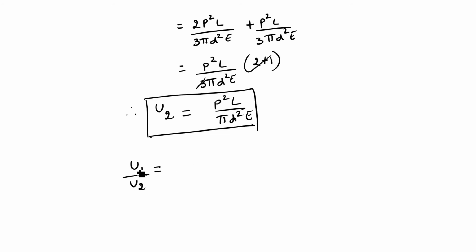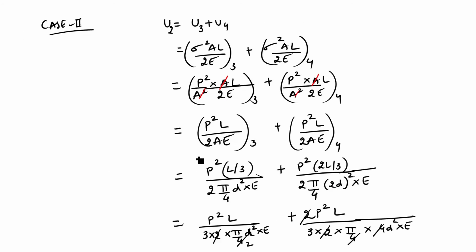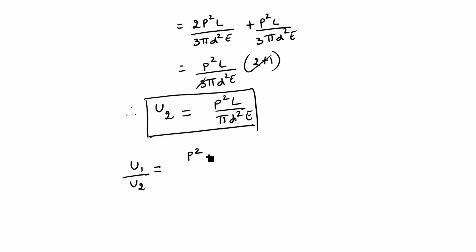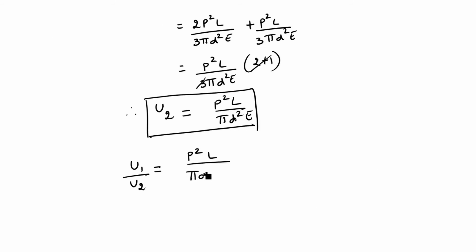My U1 was P square L upon pi d square 2E, and U2 is P square L upon pi d square E. So when you see here, this P square L can be cancelled, pi d square and E will also get cancelled. So what remains is 1 upon 2. So this is my answer.